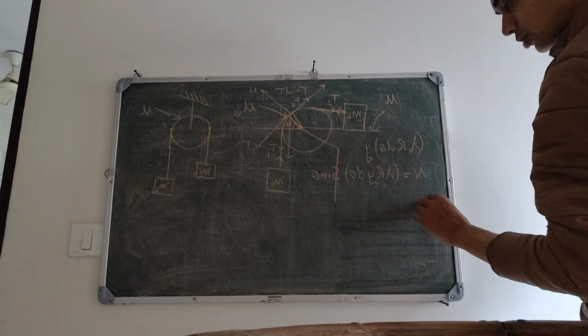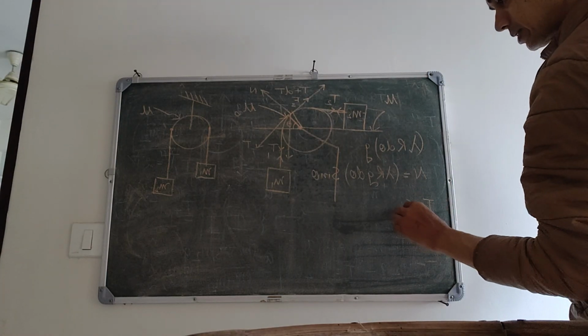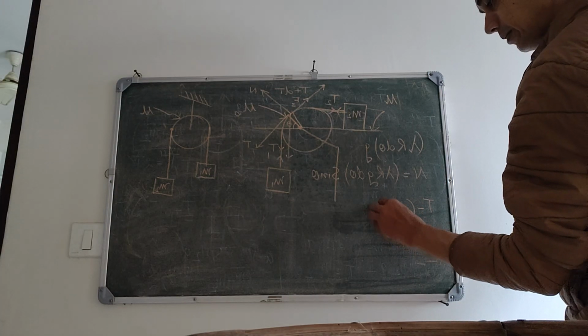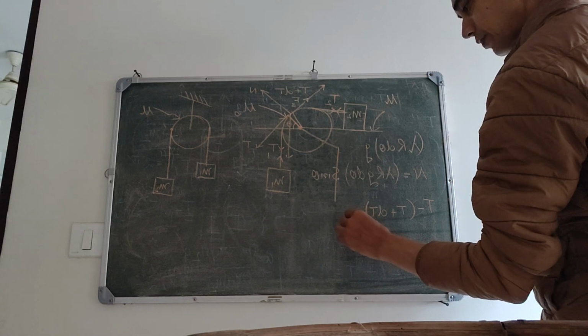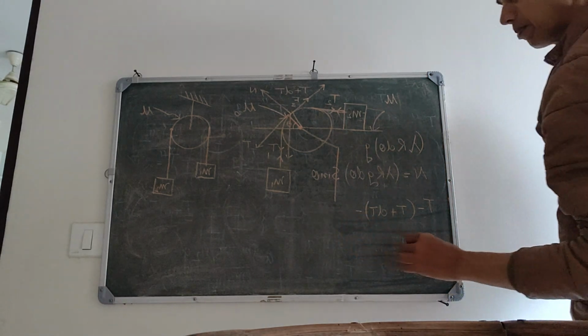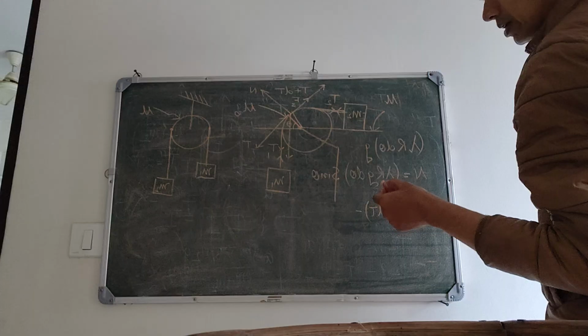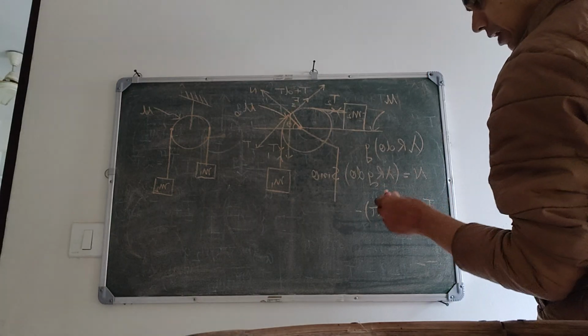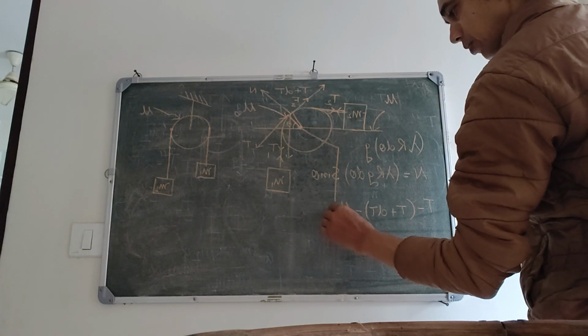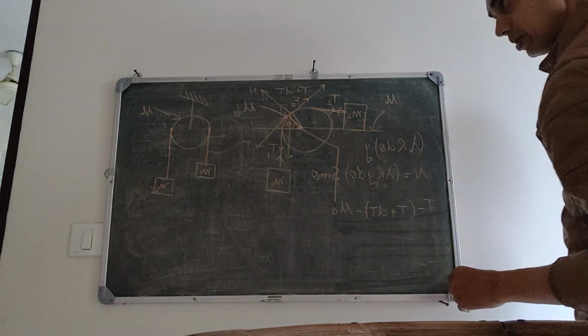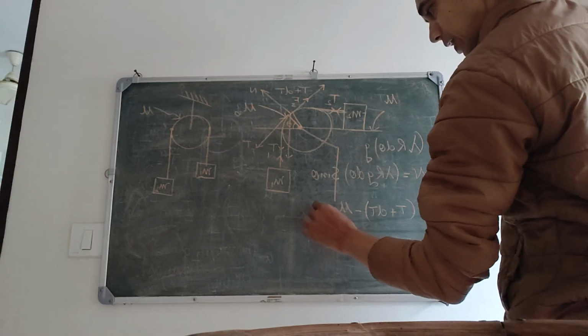Writing the equation of motion: T minus (T plus dT), and then minus Fs maximum. If we take the maximum, the moment when it is about to slip, it will be marked as mu, or mu naught taken here. So mu naught into normal. Now what is normal to us?